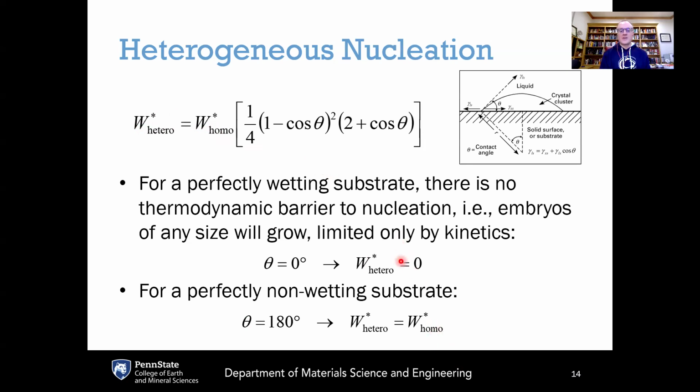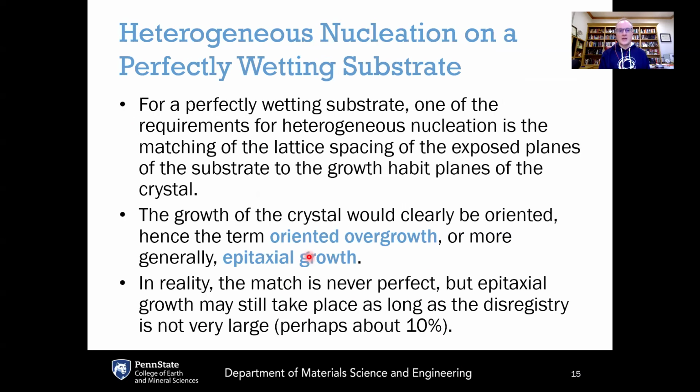So most of the time, reality falls somewhere between the two, where you've got a contact angle that is somewhere between 0 and 180 degrees. The closer that it is to 0, the greater the decrease that you have in this thermodynamic barrier for nucleation.